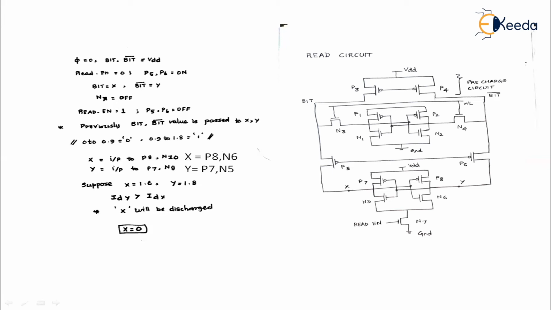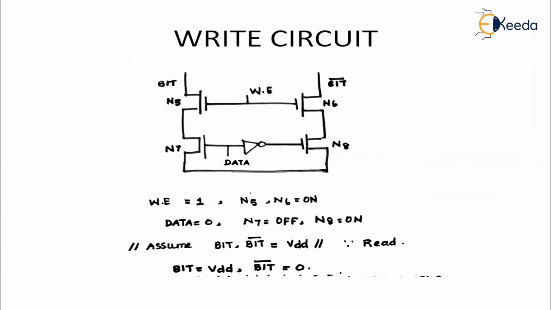So when I keep a probe over this point, I can observe that it is 0. So when I find that it is 0, which means the value which is being read is nothing but 0 in your memory cell. If I am getting a value as 1, which means the data that has been already written is nothing but 1. So this is your read circuitry.